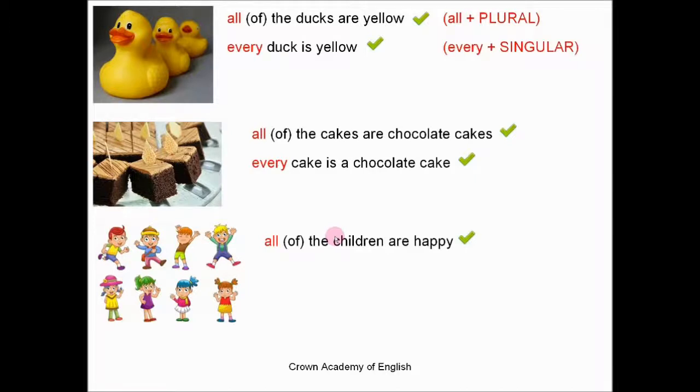So we have all followed by the children, which is plural, and we say they are happy. And if we want to use the word every, again, we use every plus singular. So every child is happy. Okay, so the most important thing to remember is all plus plural and every plus singular.